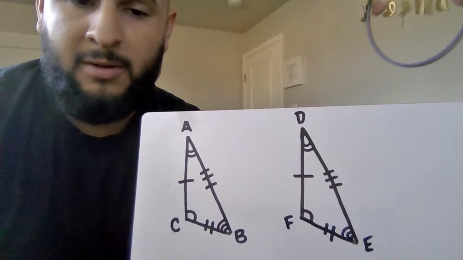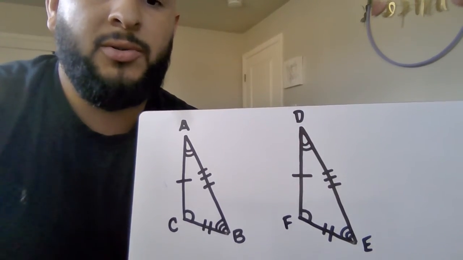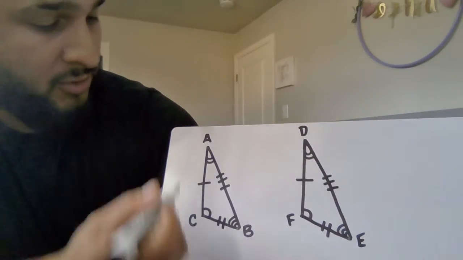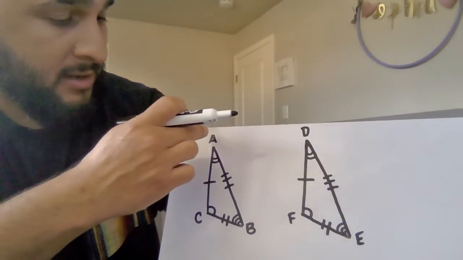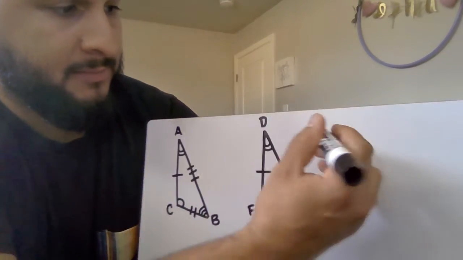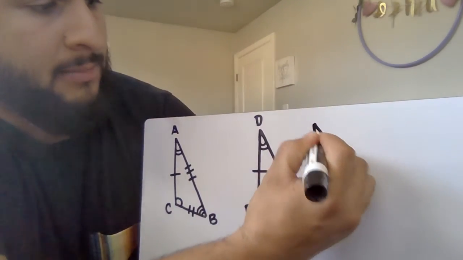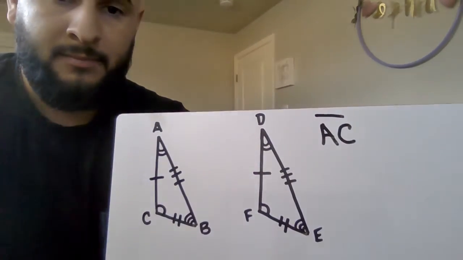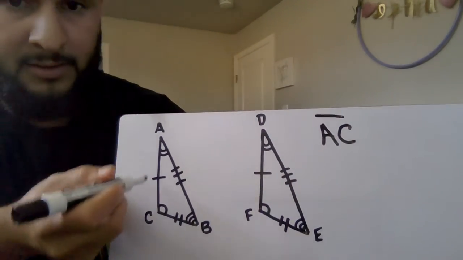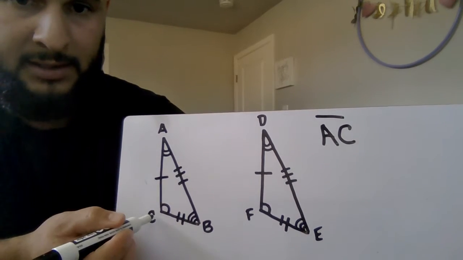So for example, if I wanted to name the congruent sides here of triangle ABC, I know that line AC, so this is how we name the line AC, and that's this line here on the side, line AC.